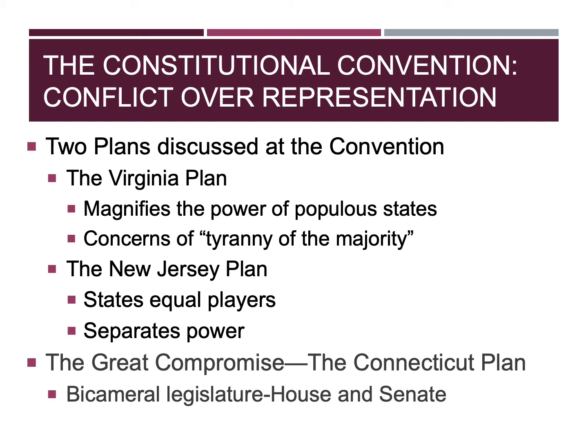The House is based on population, and in the Senate, each state gets equal representation, regardless of how populous it is. This was a huge point of contention, this battle over representation. As they talk about in your textbook, it almost brought the Constitutional Convention to its knees. But through the compromise, we were able to come up with a general outline for how this government was going to be structured.